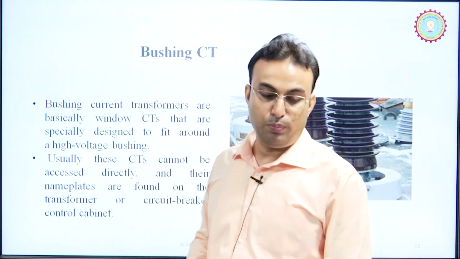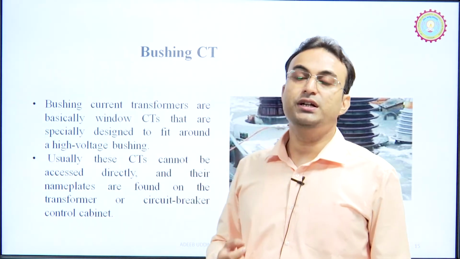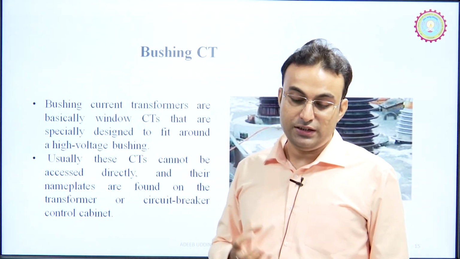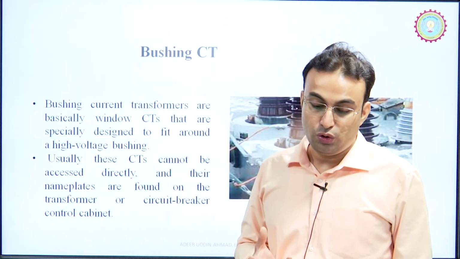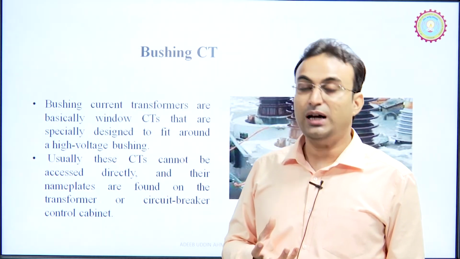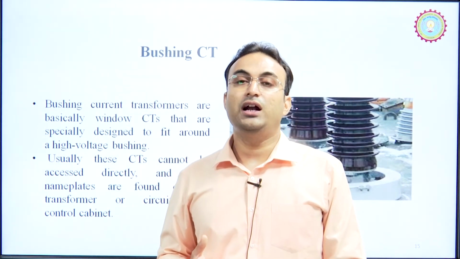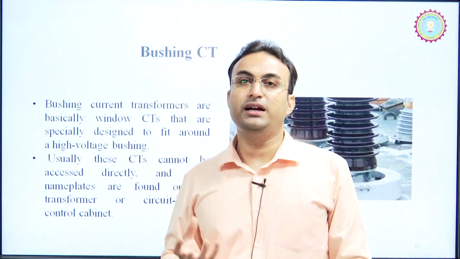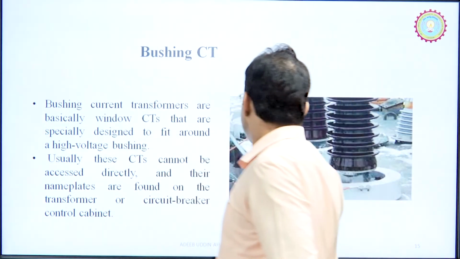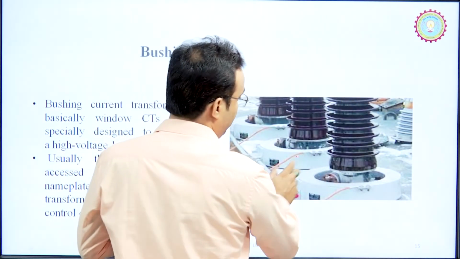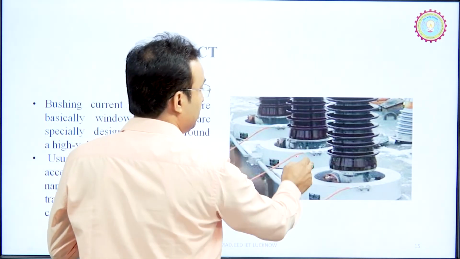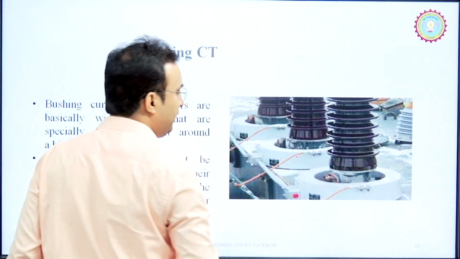Again, the last is bushing CT. So, bushing CT is, you can say, a window type of CT. This is the CT that is used to find out the current of the transformer. In a transformer we can easily understand this is such a type of bushing CT. So, these are the terminals of the transformer, high voltage terminals.